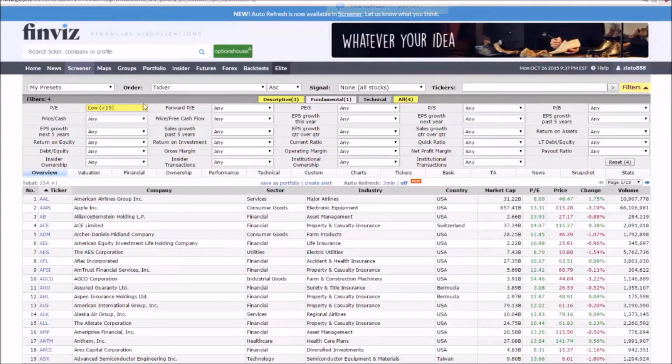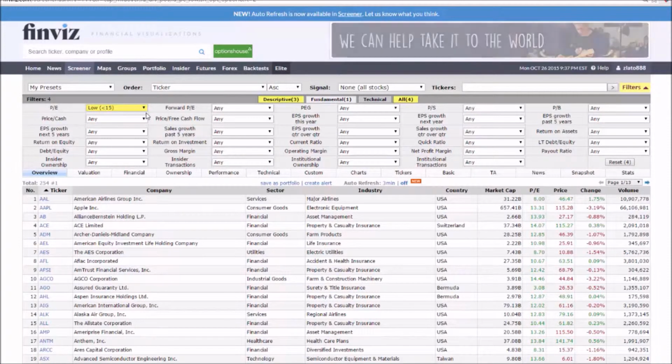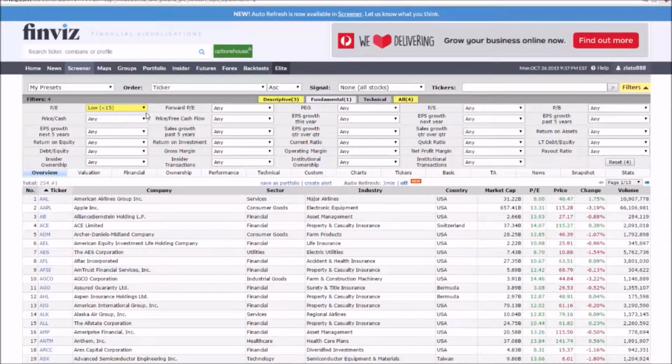Now, if it is a growing company, the price earning ratio will be much higher. For example, if you invested $20 million in a particular stock and this year that company made $1 million, its price earning ratio is 20.